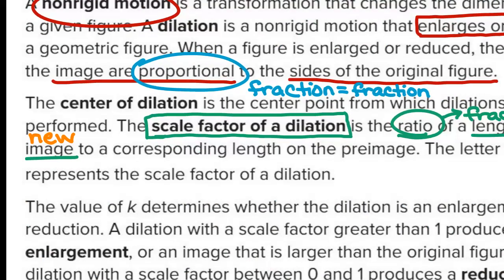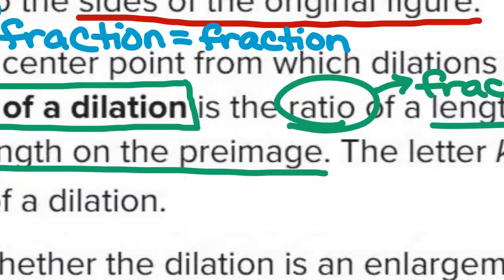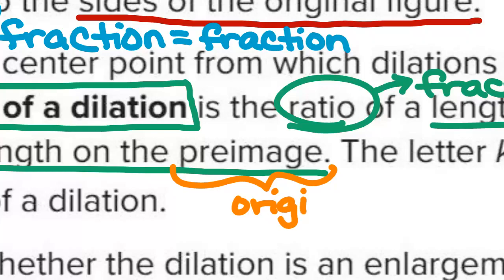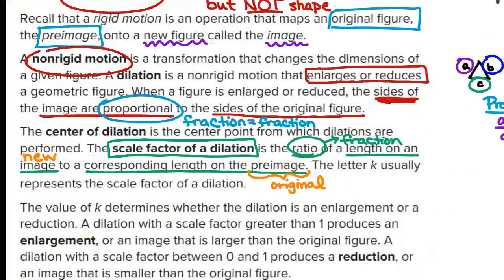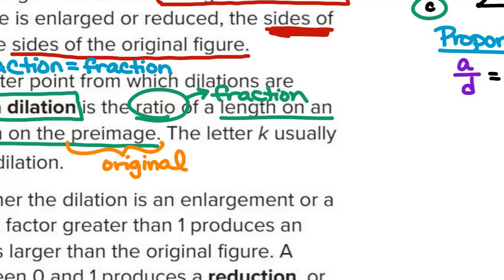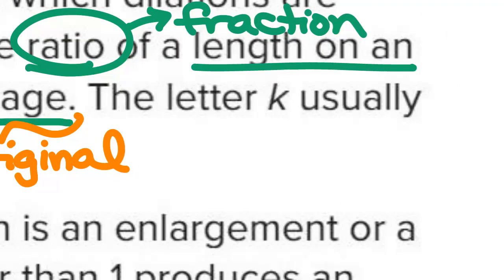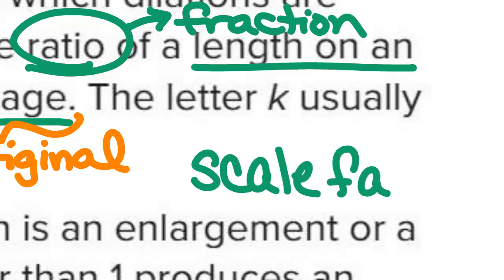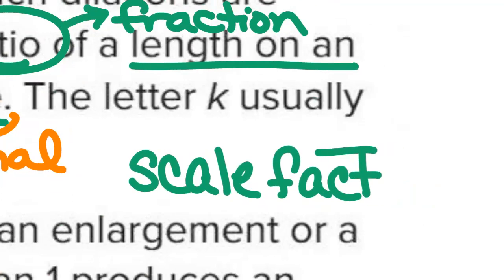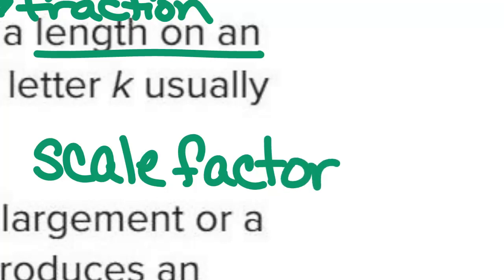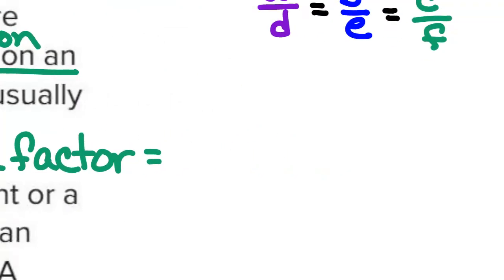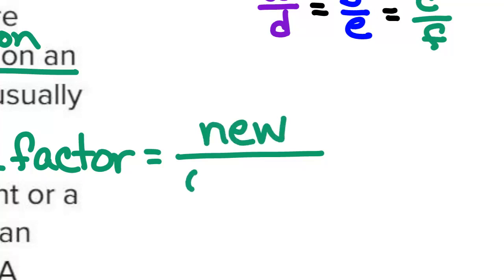To the corresponding length on the pre-image. That's my original figure. So if I was going to write down a formula for scale factor, scale factor is equal to the new over the original.